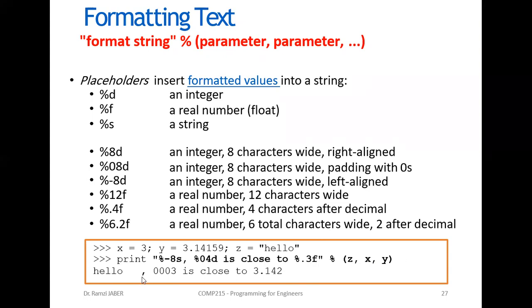So it gives us z is hello, then 4 with 0004, then the value of x, 003, is close to 0.3f for y, y is pi, so 3.142.